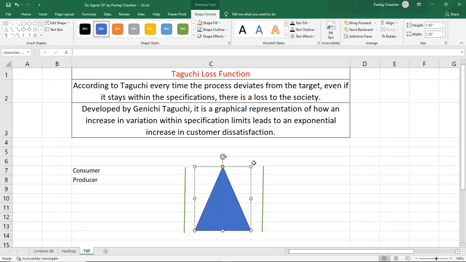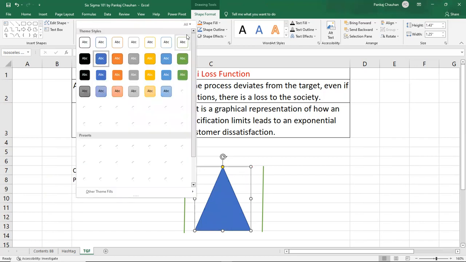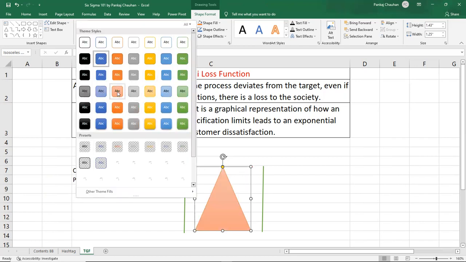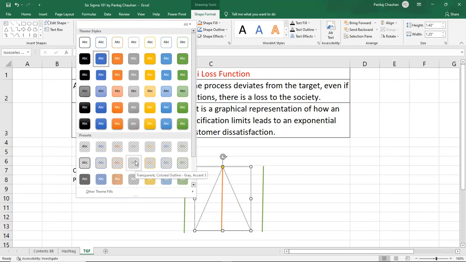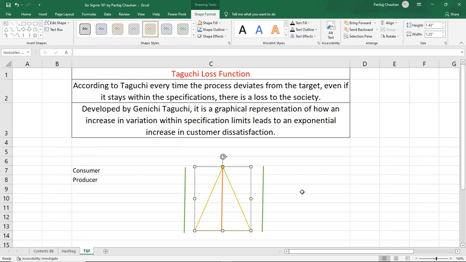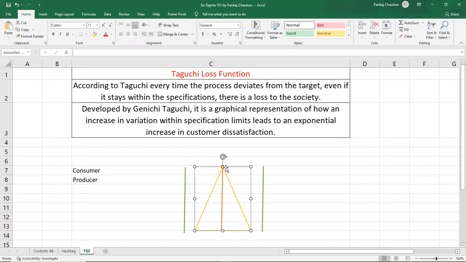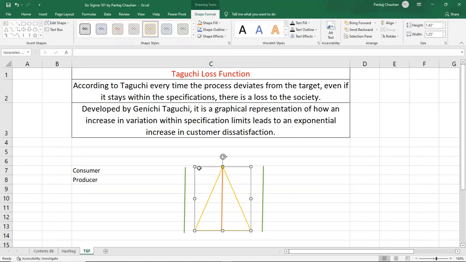Let me make it a little transparent in a lighter color. Like this.